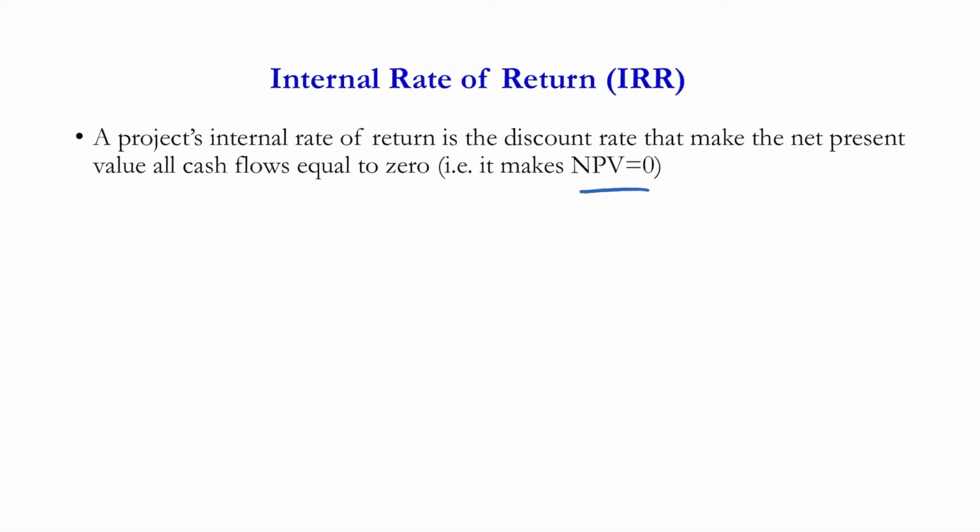So how to calculate IRR? To calculate IRR, we need to write out the NPV formula and make it equal to zero. So if NPV equals zero, then our initial investment would be equal to the present value of the cash flows from doing the project.